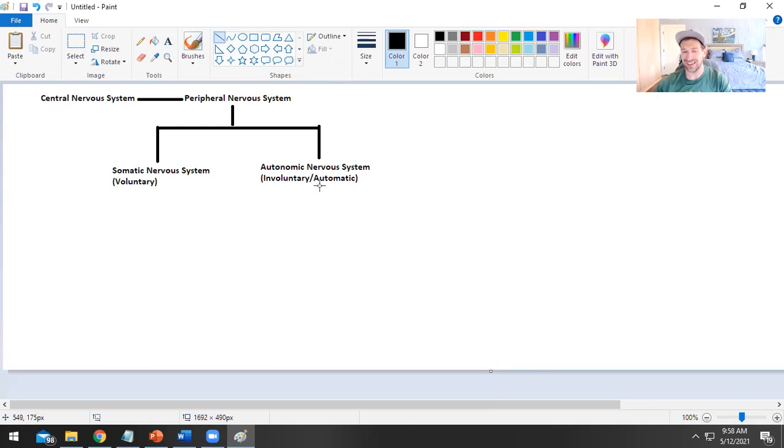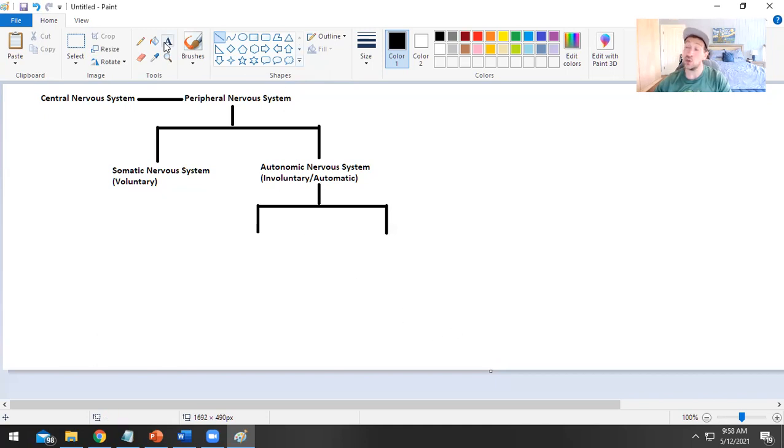Now, unfortunately, what comes along with something being autonomic is that sometimes things can work in a way that we might not necessarily want them to, or more severely than we really want them to.